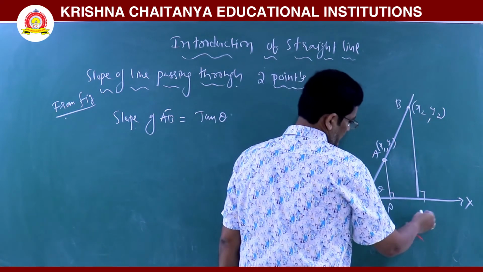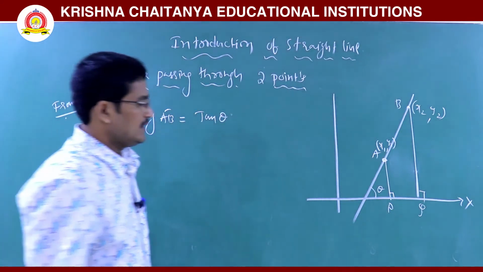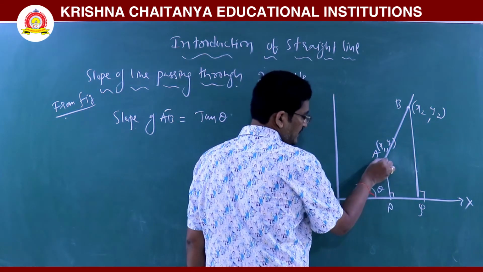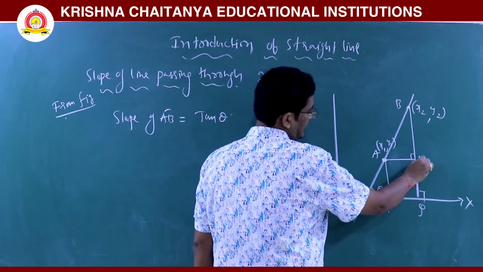That one meets the x-axis at Q. We also draw one more line which is parallel to the x-axis passing through A. That meets the line BQ somewhere. I am taking this one as M.